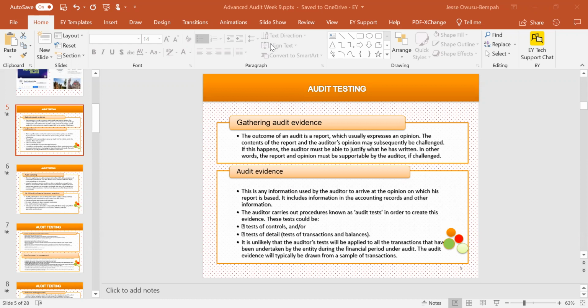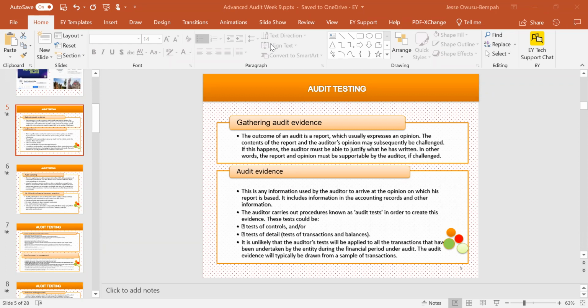And the reason why we need to have audit evidence is that usually an auditor will express an opinion on the financial statements and will say, looking at the work we did, we think that this report deserves an unqualified opinion or a qualified opinion, whatever it is, right? But it is possible that the contents of that report will be challenged in the future.